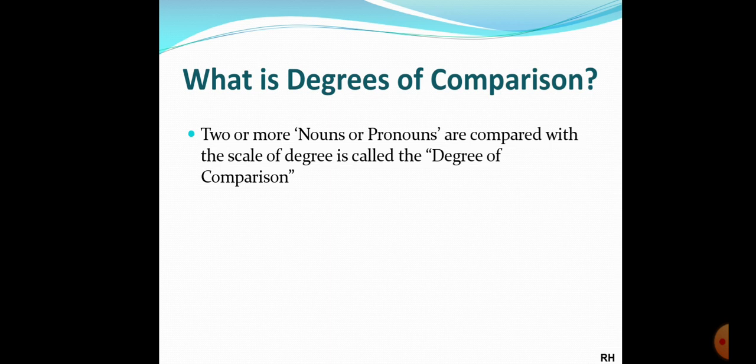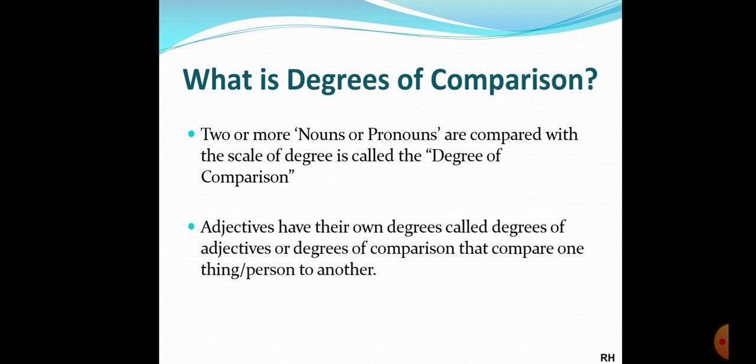Now what do you mean by that? Now, adjectives. You know what an adjective is, students? An adjective obviously describes or qualifies a noun or pronoun, right? When you describe a quality of a certain thing or noun. So adjectives have their own degrees of comparison.